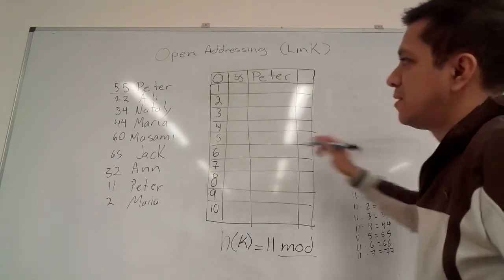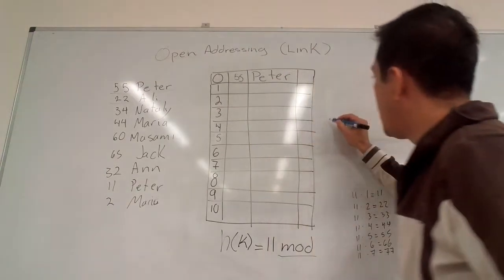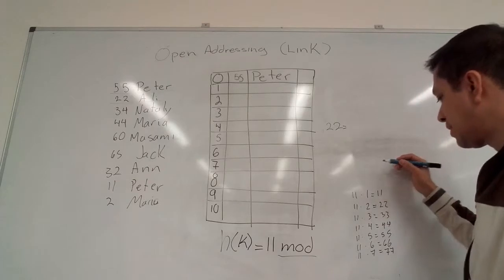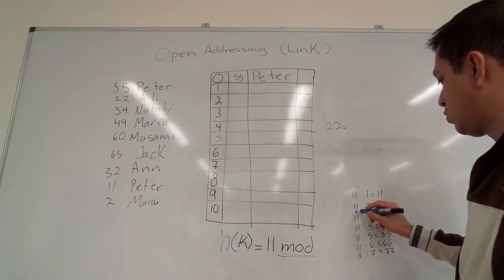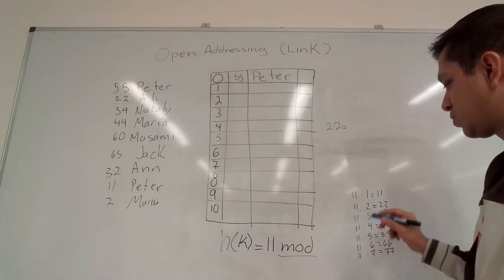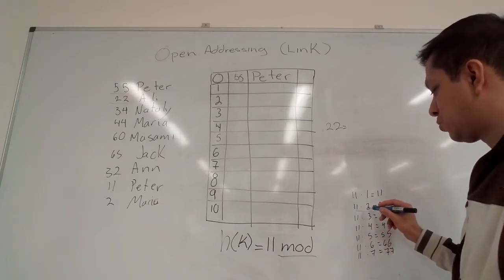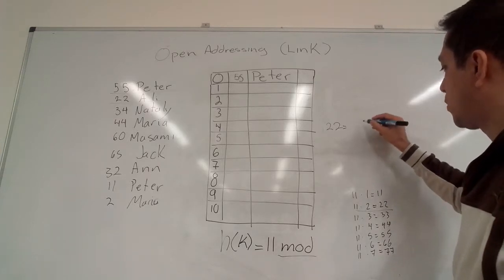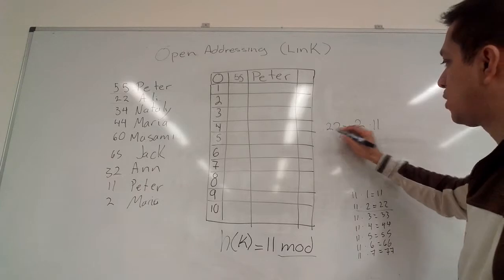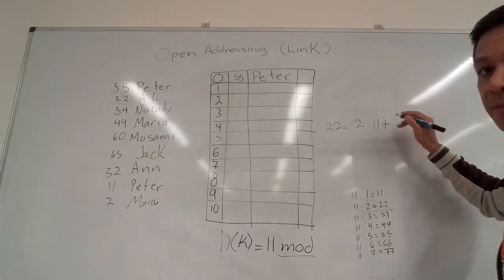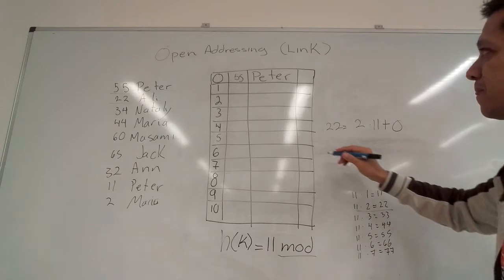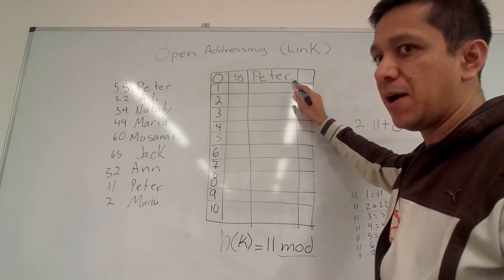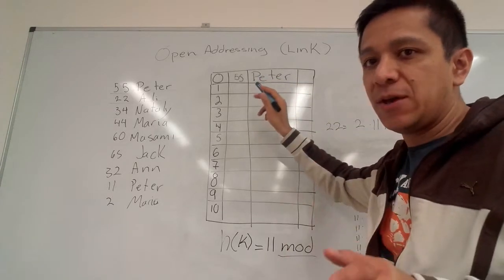Now let's pass the information of Ali, who is 22 years old. We are going to use this multiplication: 11 by 2 is 22, plus the remainder 0. Ali should be in this part, but this part is already occupied.